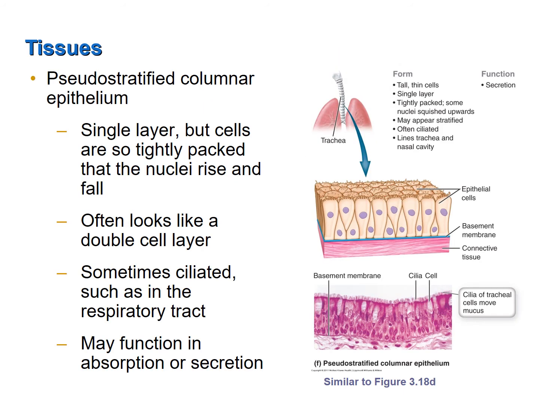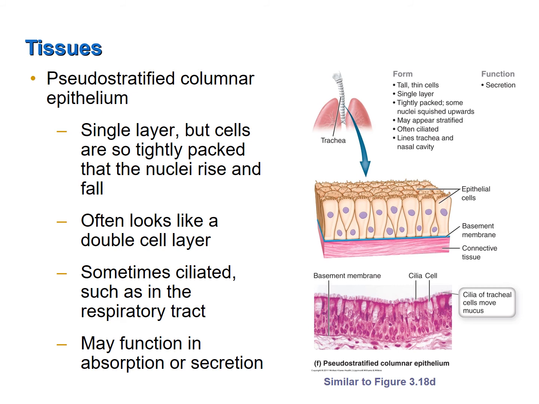Because stratified columnar epithelium tissue is rare in the human body, we're not going to discuss it. However, we are going to discuss pseudostratified columnar epithelium. Pseudo means false. So pseudostratified columnar epithelium is epithelium that appears to be stratified, but in reality there's only one layer of cells.